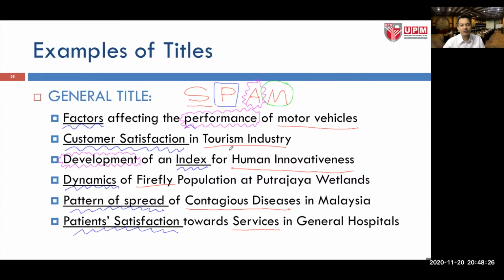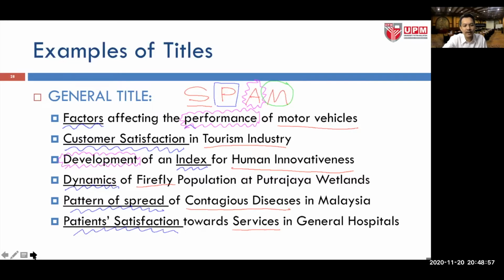So as you can see, in the general title you will see the subject under study. Definitely it must have a subject under study, and you will have the problem. Some will have achievements, some will have methodology. So I leave it for you to think about in terms of the general title that I have discussed just now.